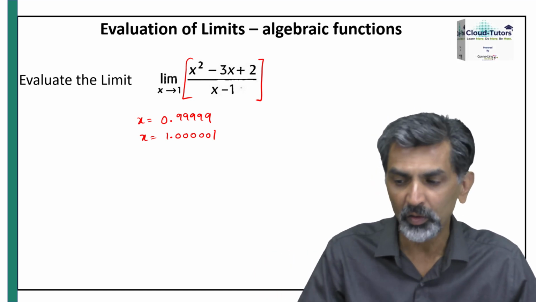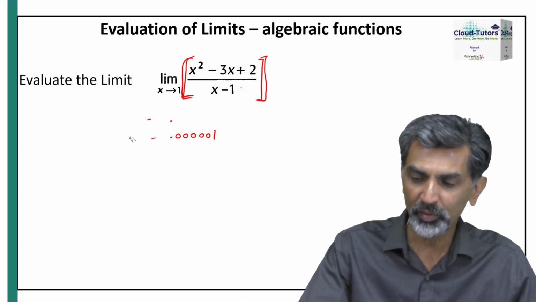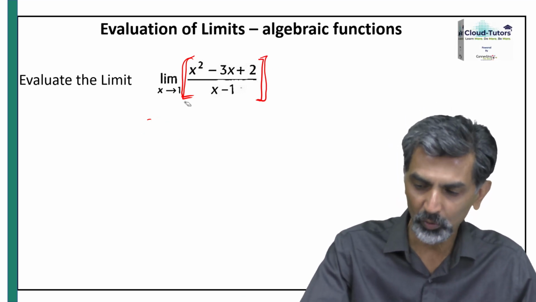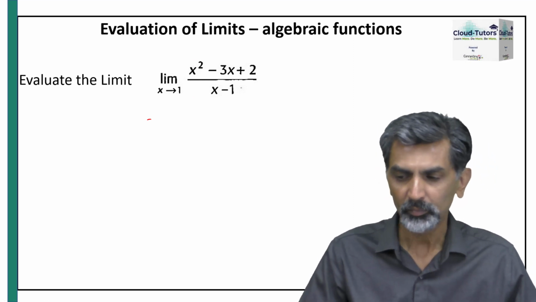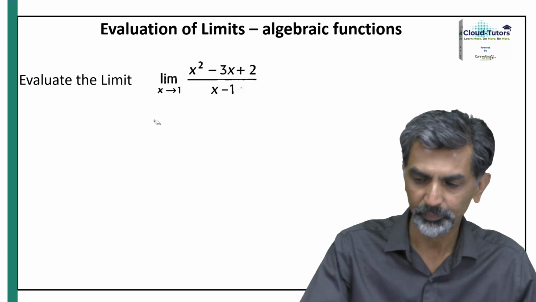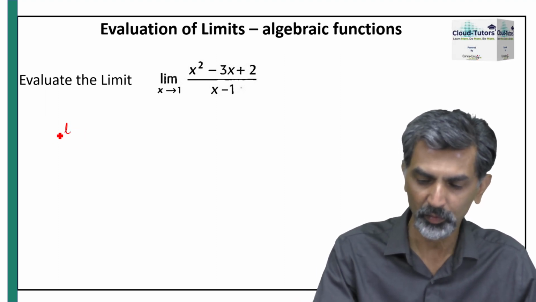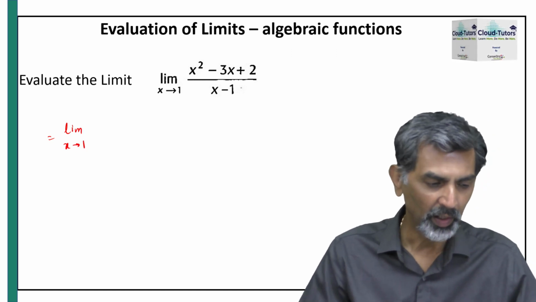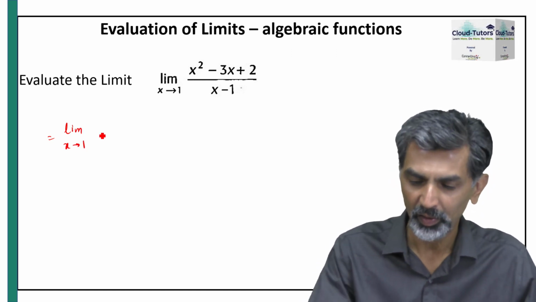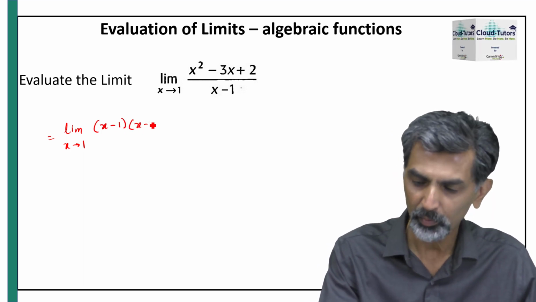And you're observing what happens to this expression as a whole as x gets closer and closer to 1. How do we do it? Let's try to simplify this. This is equal to limit of x approaches 1, and you can factorize the numerator and write it as (x minus 1)(x minus 2).